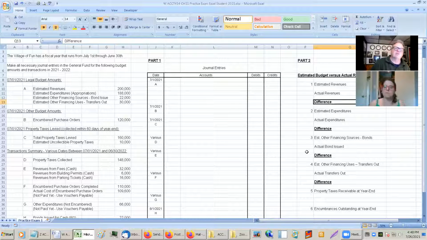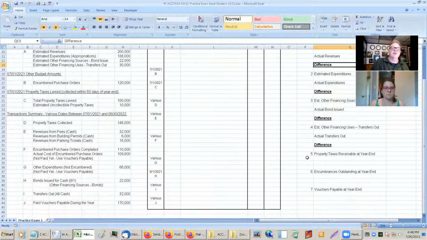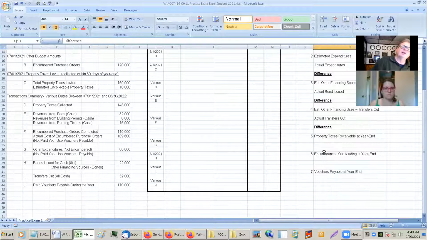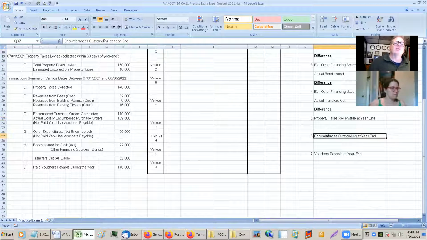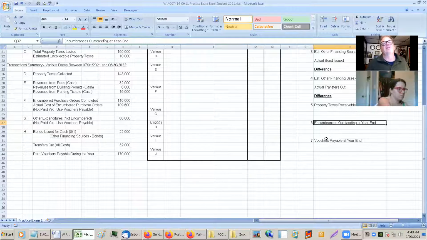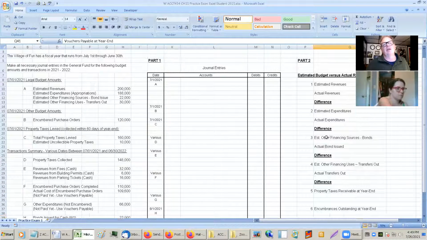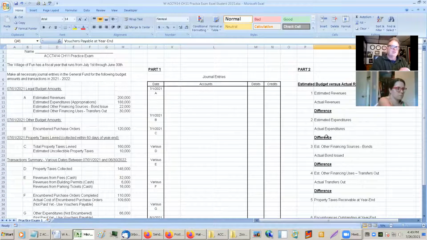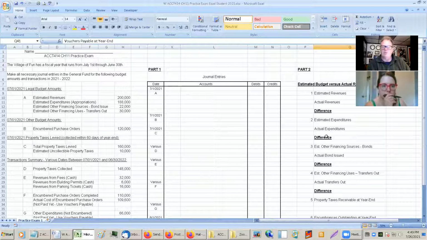What were the encumbrances outstanding at year end? These are all kinds of things they might ask you as far as what the balance is. They probably wouldn't be this extensive; they'd probably be more like a multiple choice problem. They give you some of the accounts and then ask what would be the difference between the actual and estimated.